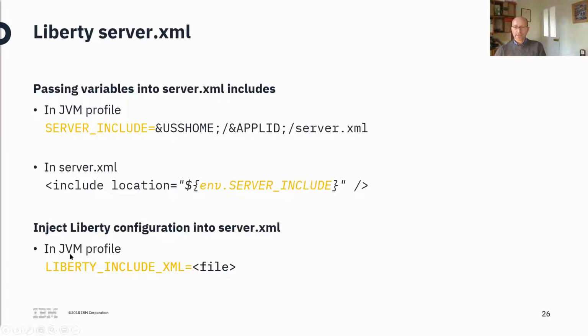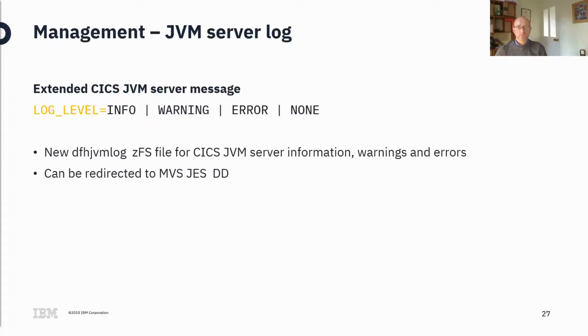You can also inject bits of configuration into the server.xml by setting the Liberty include XML option in your profile, which will dynamically inject that XML into that region's, that server's server.xml. So lots of options there to make cloning and overriding easier.